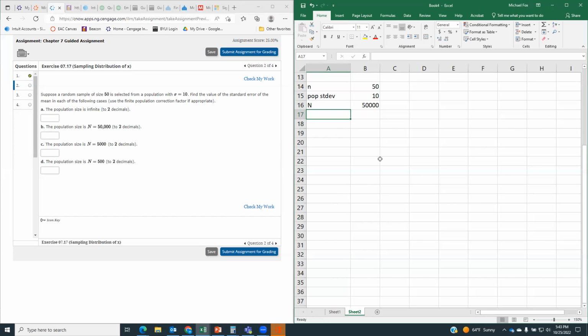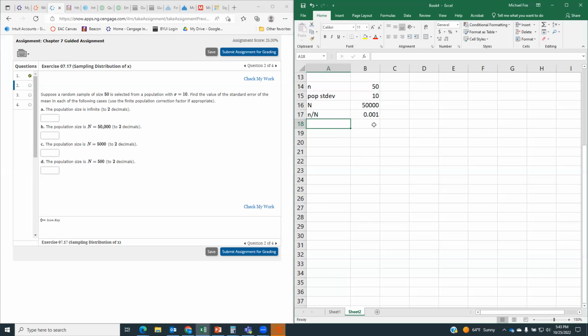So I like to do a little n divided by big N here, and I can see that in this case, little n divided by big N is 0.001, which is definitely not bigger than 0.05. So I know I won't need a finite population correction factor for when we have a big N of 50,000.